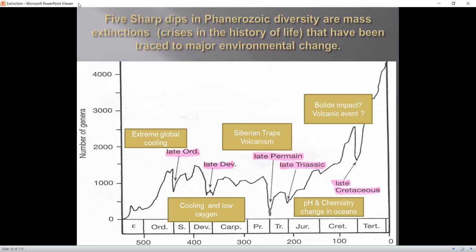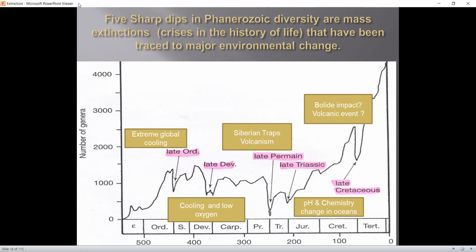Okay, it turns out that of the 5 major extinctions, at the end of the Ordovician, the geologic record tells us we probably had extreme global cooling, what they've called ice ball Earth or something like that. In the late Devonian, the extinction there seems to be a colder Earth and a diminished amount of oxygen. That's their interpretation, not a meteor or anything like that. Then we know what this one is, at the end of the Permian in the Permo-Triassic, the Siberian traps.